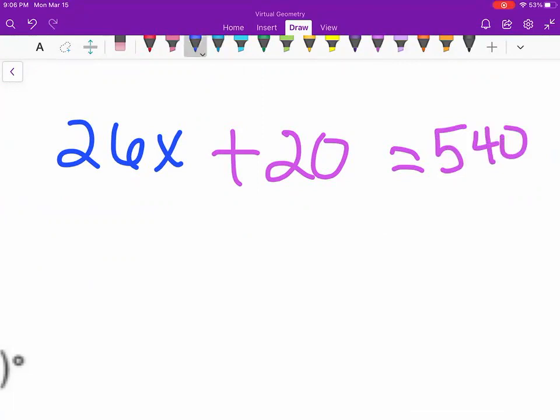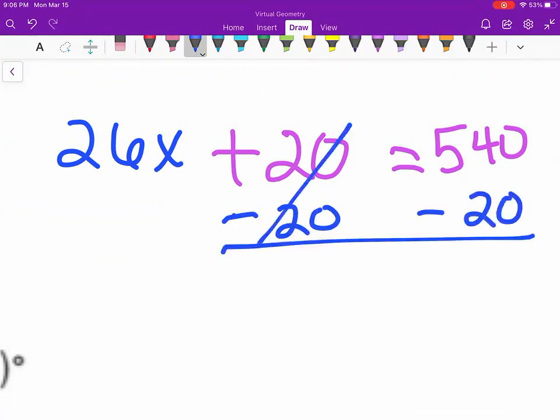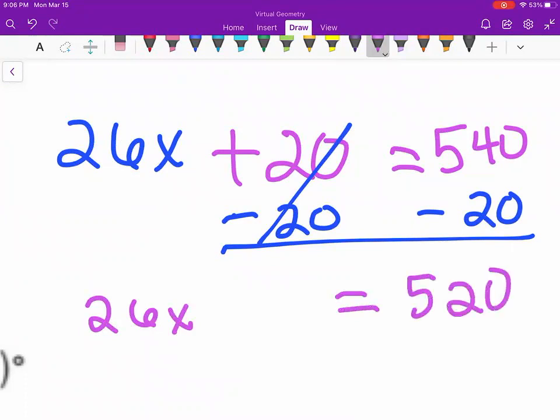All right, so we can now subtract that 20 from both sides of our equation. So 26x is going to equal 520. Now we can divide both sides by 26.